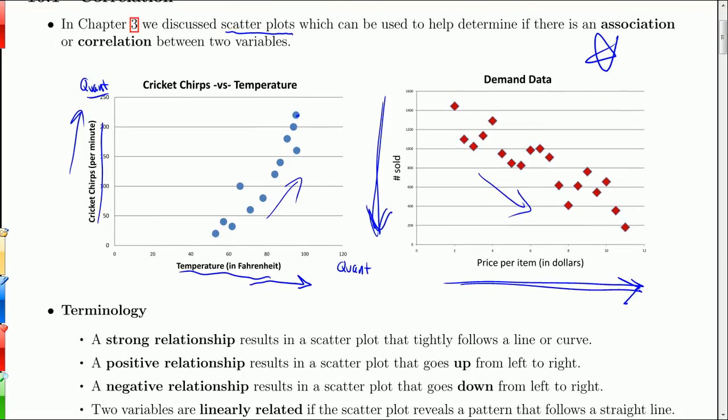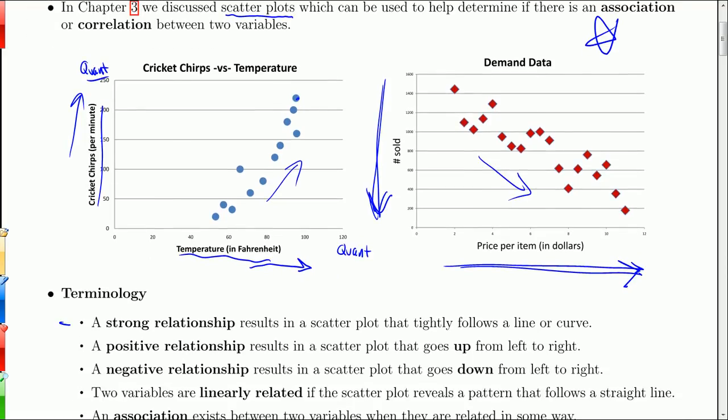Okay, so let's define some terminology. A strong relationship results in a scatter plot that tightly follows a line or curve. That's a line or curve that we almost have to imagine at first. You sort of look at it, and can you see a clear pattern?